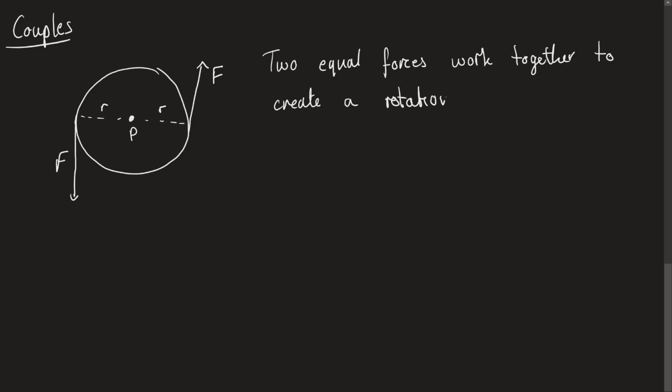So hence, what we can tell from this is that the wheel is going to start turning this way because we're pulling up, which means we're going to start rotating the wheel in this direction.